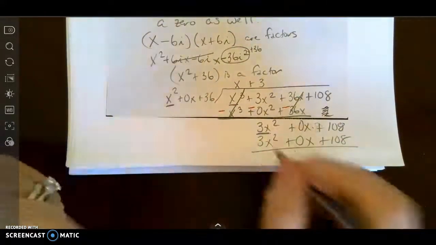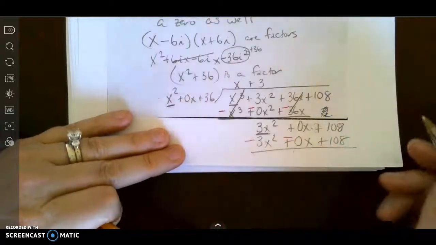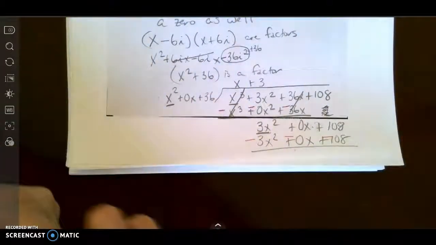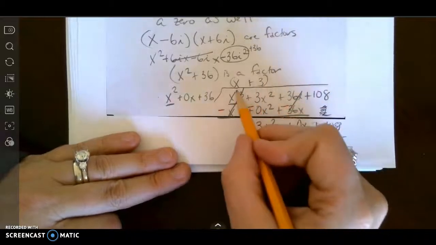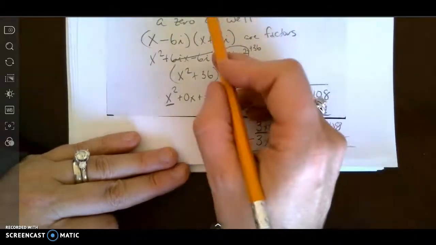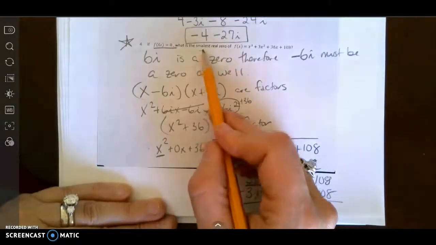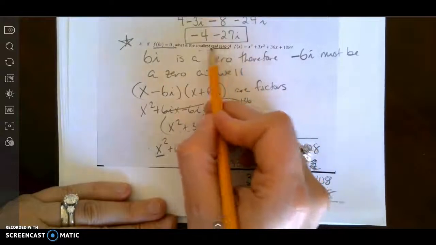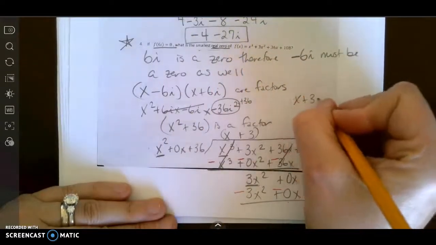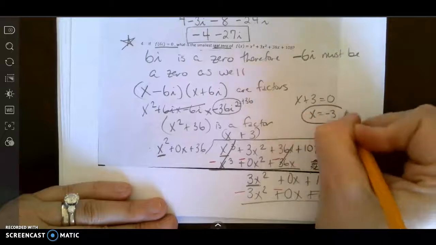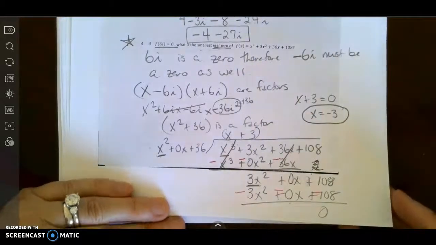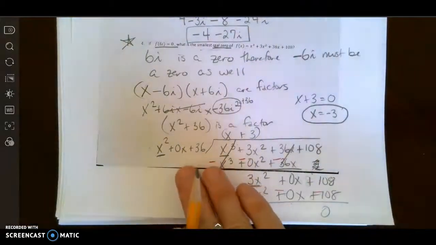And that would give me then a remainder of 0, which means my other factor is x plus 3, which will give me my real 0. X plus 3 must equal 0, so x equals negative 3. That's my smallest real 0.